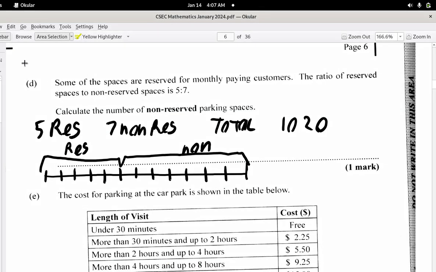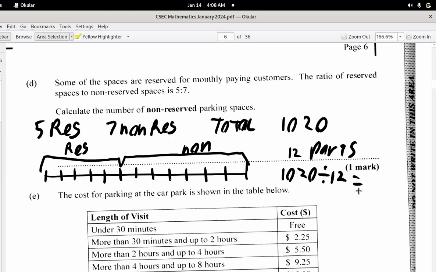Back to this question. Since all of this is 1020, what is the size of each part that you cut it up into? And how many parts are there? 5 plus 7 is what? It's 12. So 12 parts. Now, what's the size of each part? Well, it would be 1020 divided by 12.